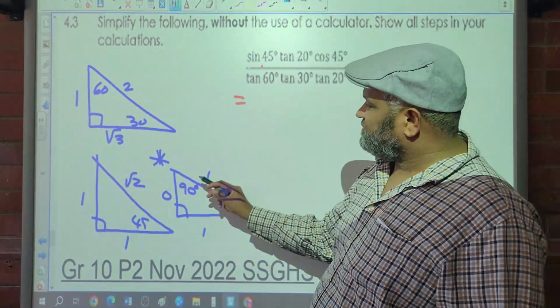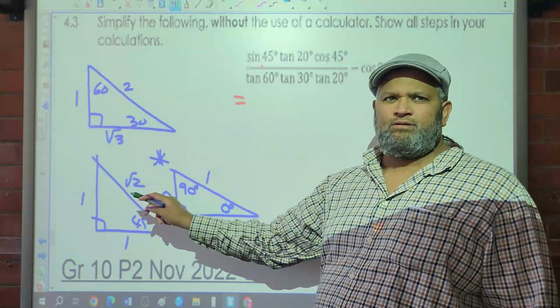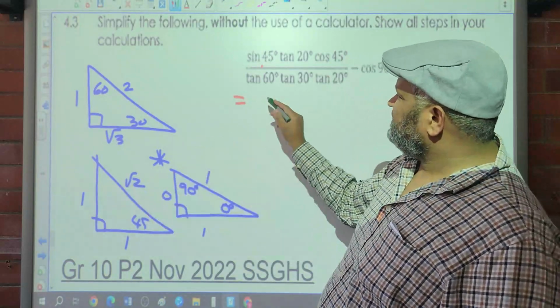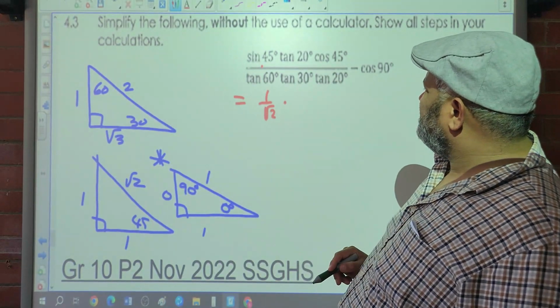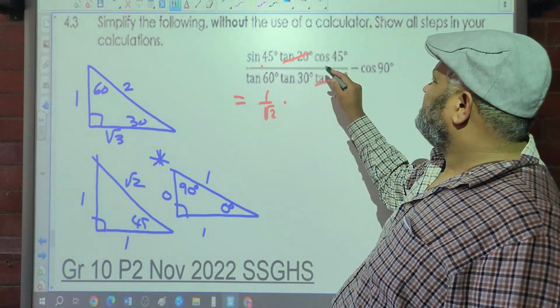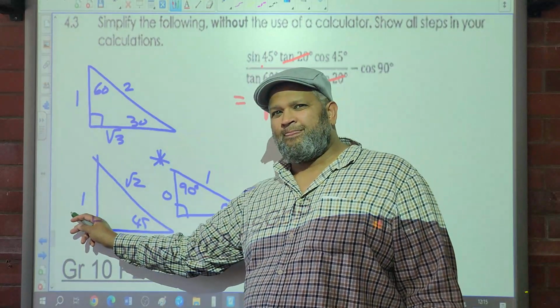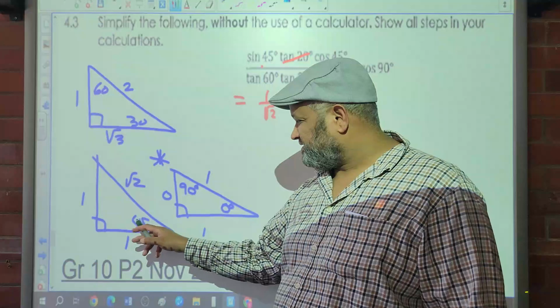Okay, so sine 45. So sine is opposite over? Opposite over hypotenuse. So it's 1 over root 2 times tan 20. And tan 20 cancels, not so? Sine of 45 is... cos, I don't have my glasses on, my eyes are itching.